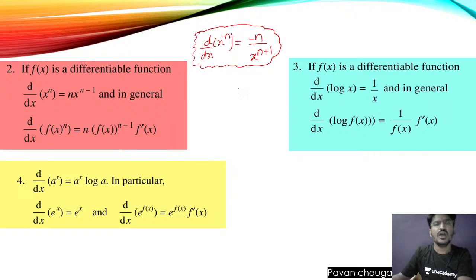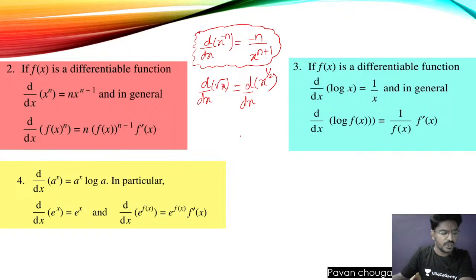Okay, again, one more, d by dx of root x, because all these terms we are going to use in everyday mathematics. That means while solving some problems in mathematics, usually we use differentiation of root x, differentiation of x to the power of minus n and all. So that's why I am explaining these two formulas. So that is nothing but d by dx of x to the power of 1 by 2.